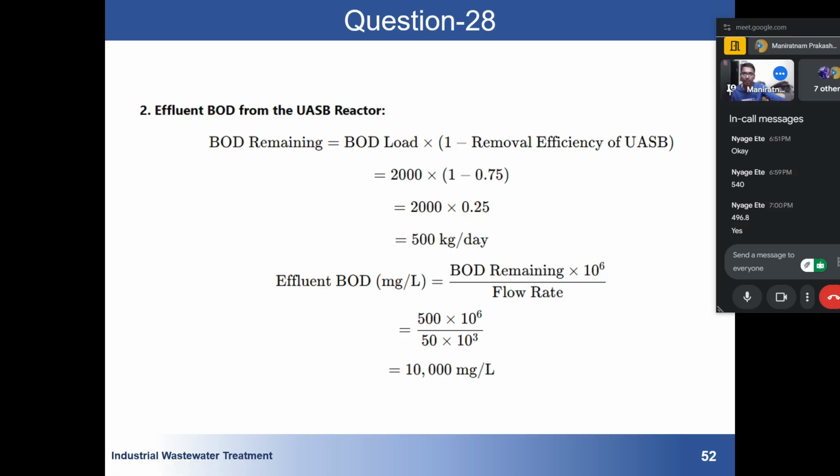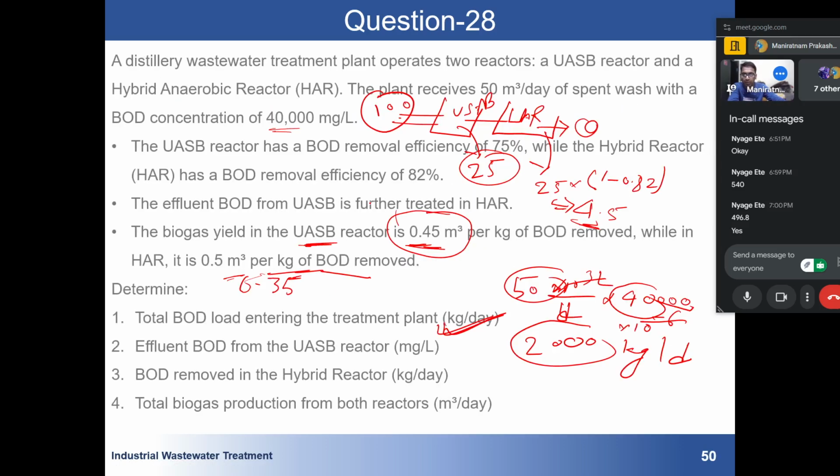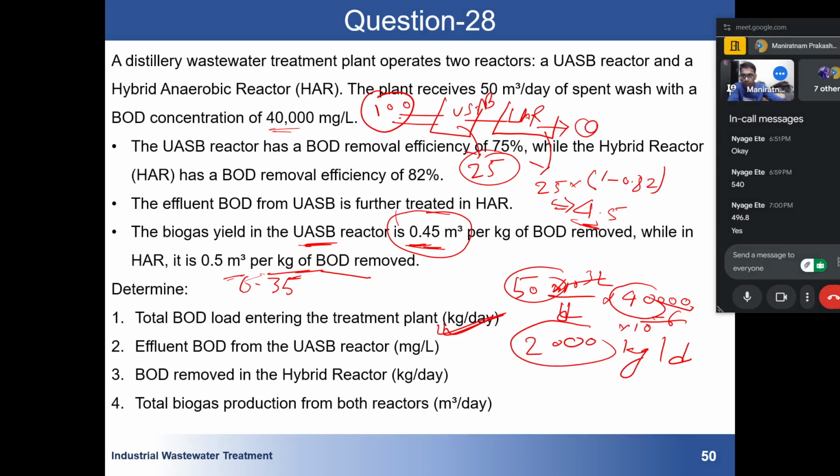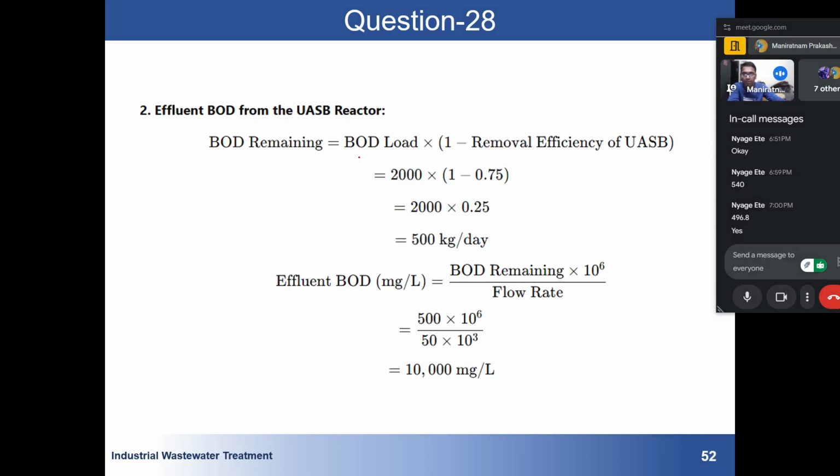Okay, so the second question was the effluent BOD from the UASB reactor. So again the BOD, 1 minus removal efficiency, this much is the BOD.